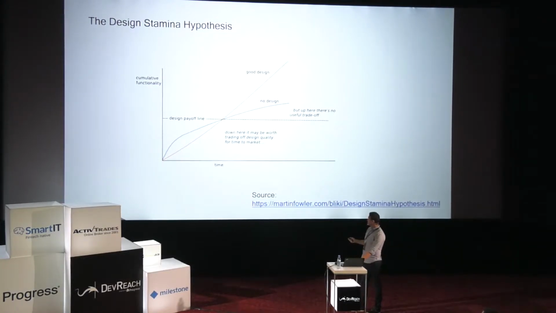So we can save short-term time, because we can see here, by not investing a lot of effort in design, we can actually deliver features quickly at the start, but at some time in the future, we can see that actually a good design pays off. And I know that for everyone, good design means different things. So here we are dealing more with the abstract concept of good design.